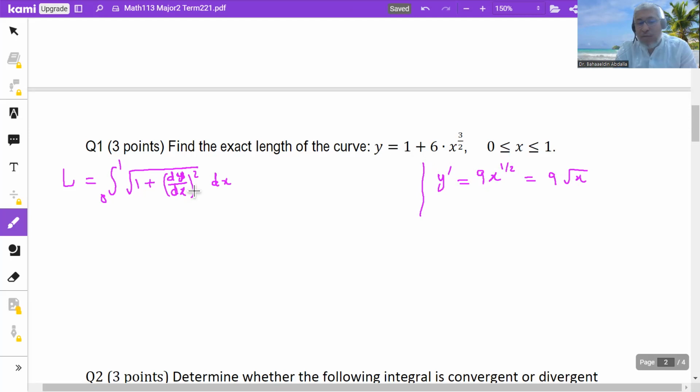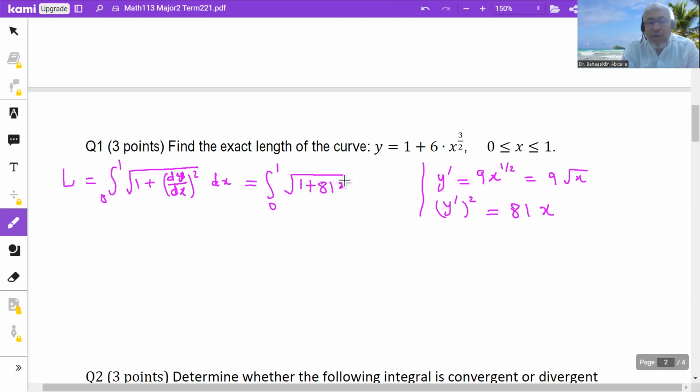I need y prime squared, so I square this and I'll have 81, and the square root of x raised to the power 2 gives x. So the formula would be the integral from 0 to 1 of the square root of 1 plus 81x dx.